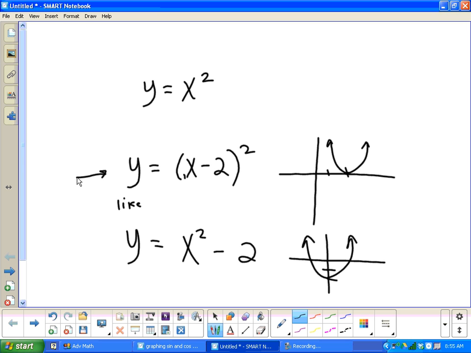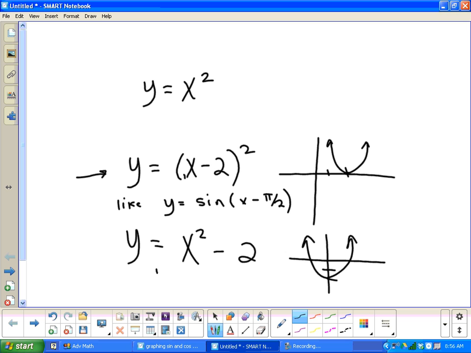If I had y equals, say, sine of x, and let's say minus pi over 2. Okay, so what's that basically going to do to the sine function then? It's going to move it to the right where pi over 2 is. Okay, now there again, when we throw a coefficient right there, that's going to change it up a little bit. Okay, but that's the basic premise.